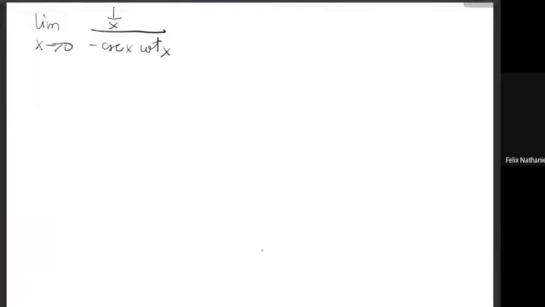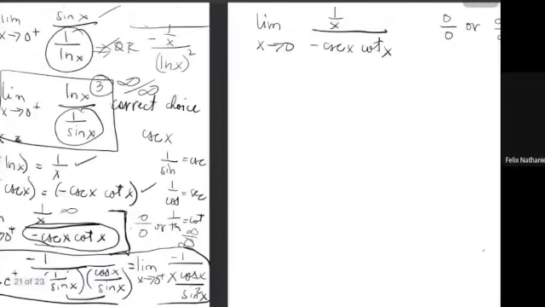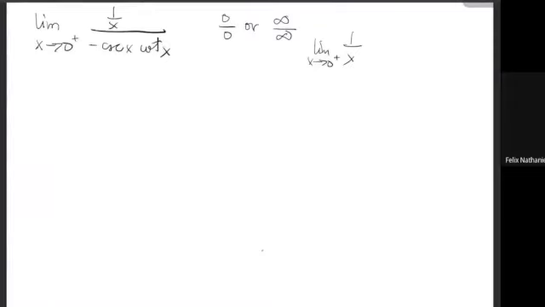How are you going to verify that this is no longer of form 0 over 0 or infinity over infinity? You can substitute directly. Okay? What is 1 over x? It's the limit as x approaches 0 from the positive, kasi may positive pala tayo dyan. From the positive side. Ano tong value na to?